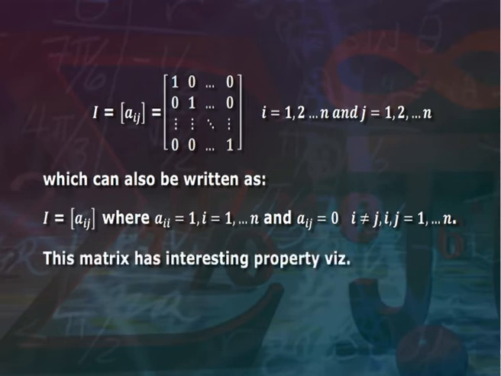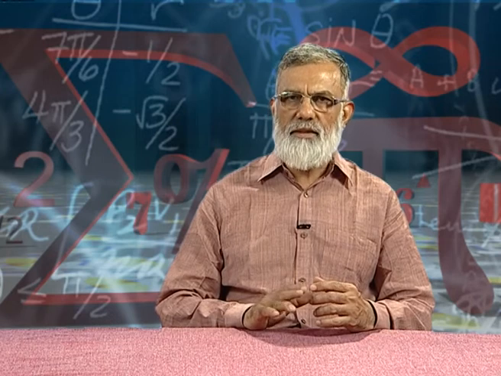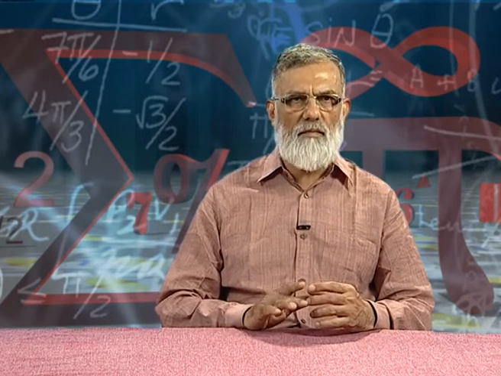This matrix has an interesting property, namely AI equals IA equals A. This follows as the ith row jth column term in AI is formed by summing the corresponding multiplied terms from the ith row of A and the jth column of I, and the fact that the jth column of I has all terms 0 except the jth term.